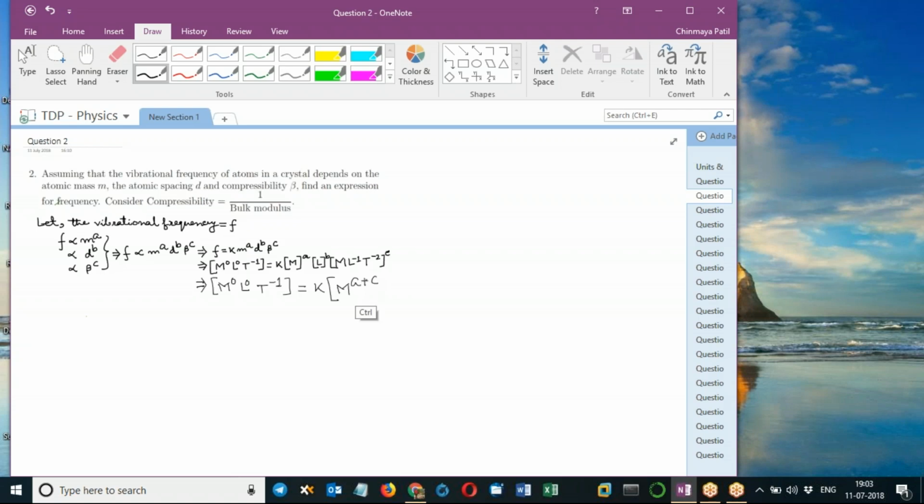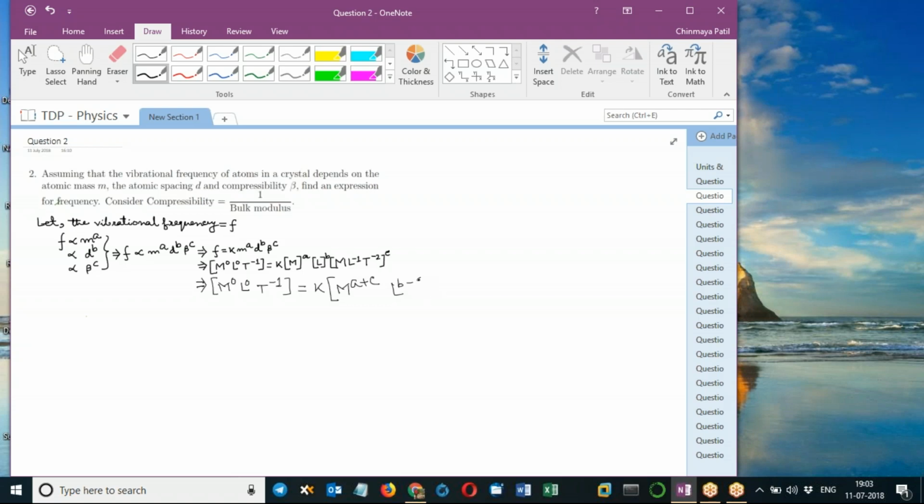Got it or not? M to the power a plus c. Then L power, can you please tell me what will be L power? b minus c, minus 1. So L to the power b minus c.